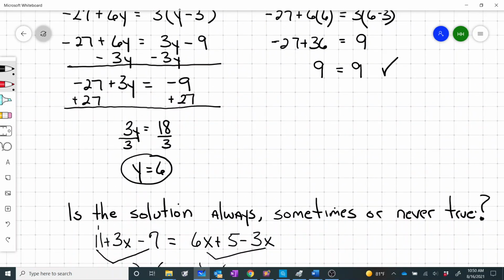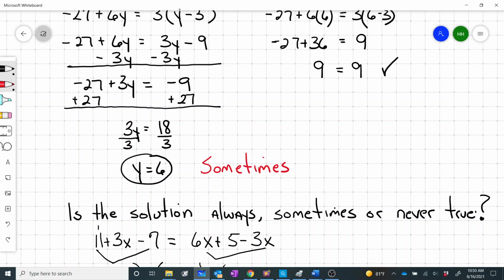If your y is equal to 6, then the solution is true sometimes. And that sometimes is when the y is equal to 6. It's not only sometimes, it's the only time that the solution is true.